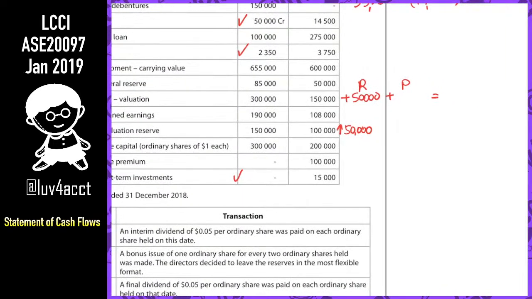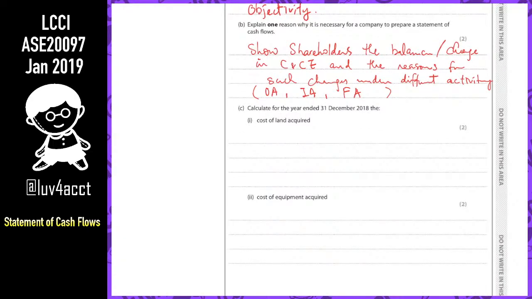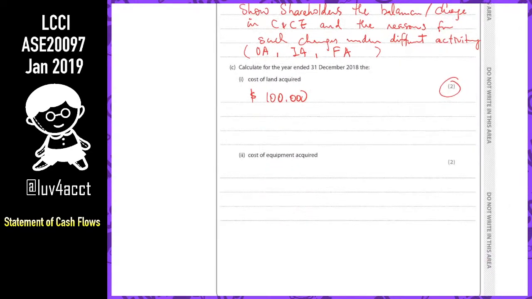Then we find the closing balance, 300,000. That will be 100,000 for purchases. So we have found it. 100,000 purchases. You have to show the workings, but I've already done so, so you copy what it is.